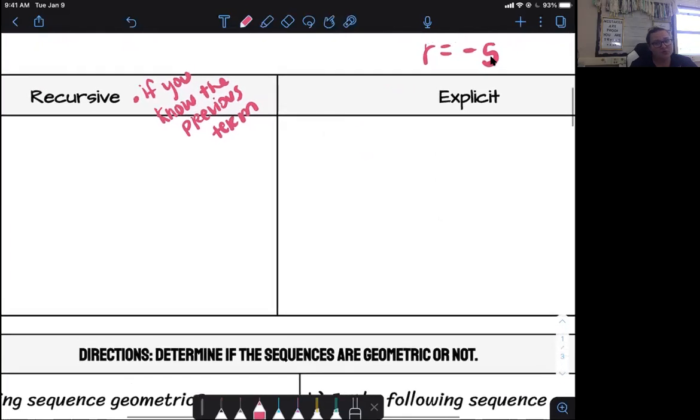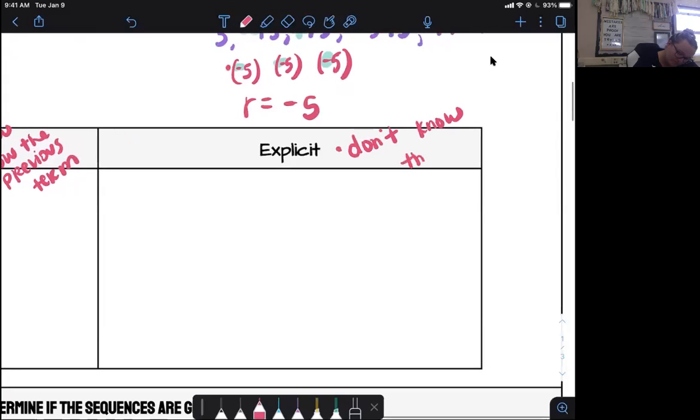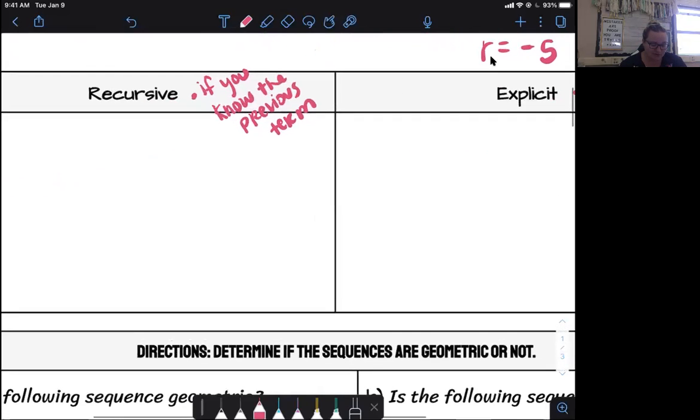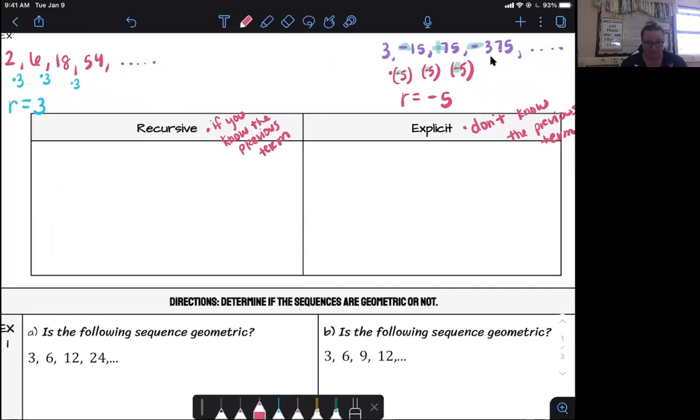If you don't know your previous term, then use the explicit formula. So just like with arithmetic sequences, we can create these explicit and these recursive formulas, and you use one or the other depending on if you know the previous term or not.